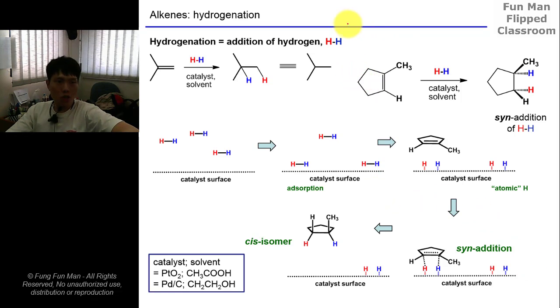For the hydrogenation reaction, you add hydrogen into the alkene to make it saturated and form the alkane. Now, because you are using a catalyst, this is a heterogeneous catalyst.